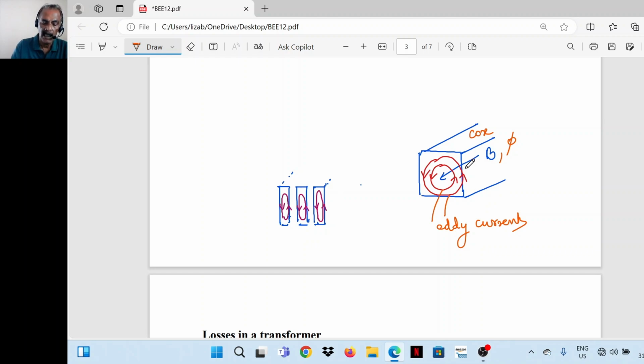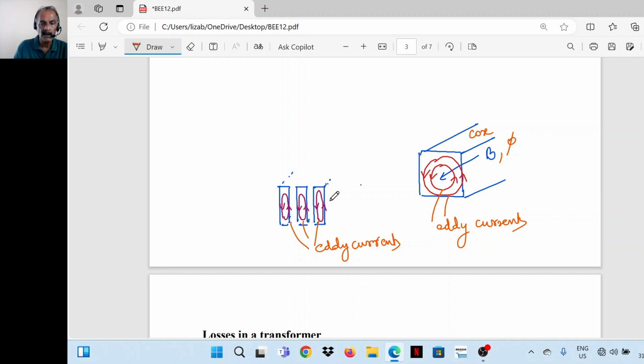Now what happens is that instead of a solid core, if you are using thin laminations, then these will be the eddy currents. Here the magnitude of the eddy current will be comparatively less because it is thin, so the resistance will be more, and the magnitude of eddy current will be less.